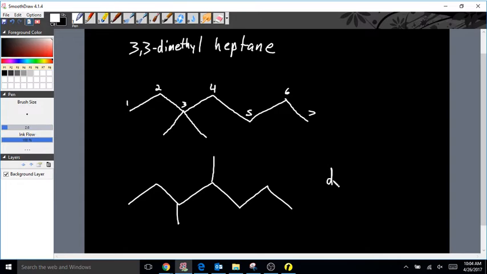So I still have a dimethyl heptane. But in this case, to indicate my numbering, the numbering's still going to go in the same order. In this case, I have a methyl group at 3. And there's a methyl group on number 4.